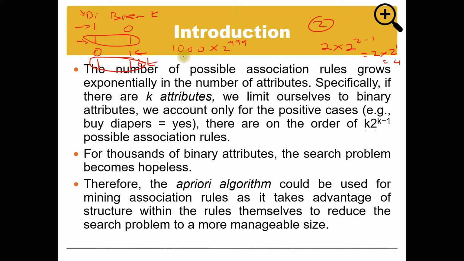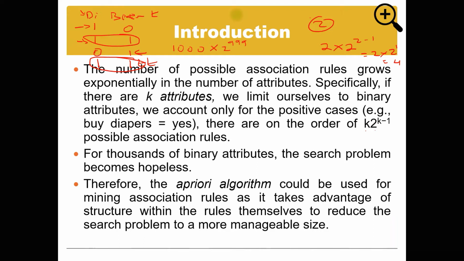So what do we want? We are not interested in all these 1 million or whatever number of rules. We are interested in only the meaningful rules. And the meaningful rules are going to be the rules that are strong in terms of their association. That is, those rules that would have a relatively high support and confidence.